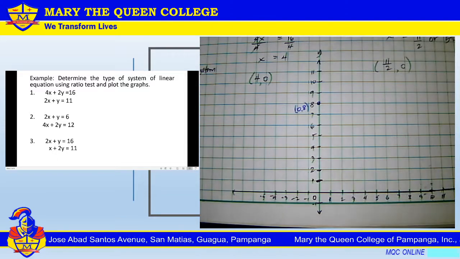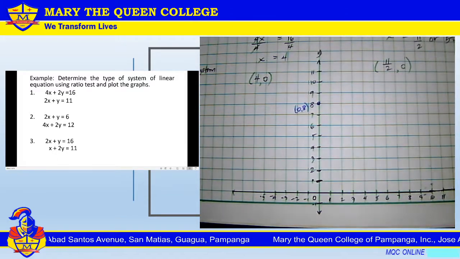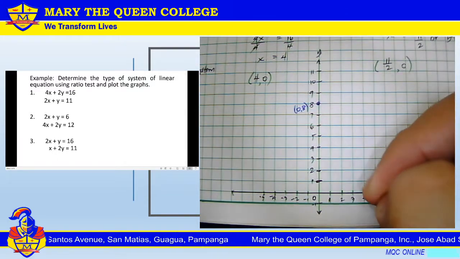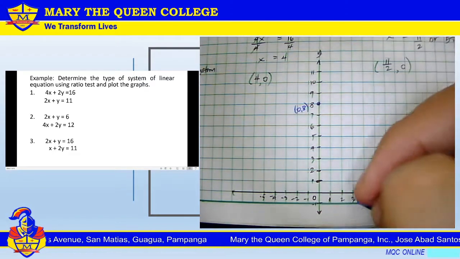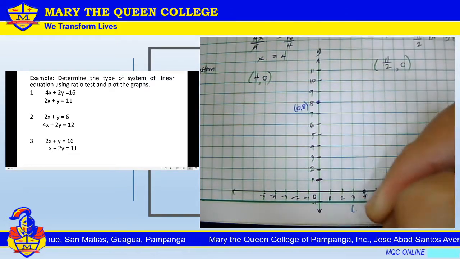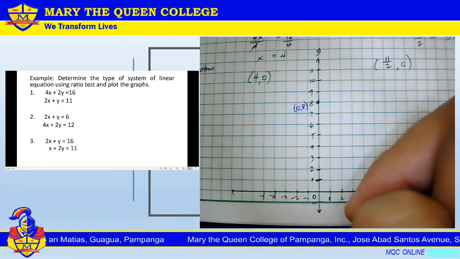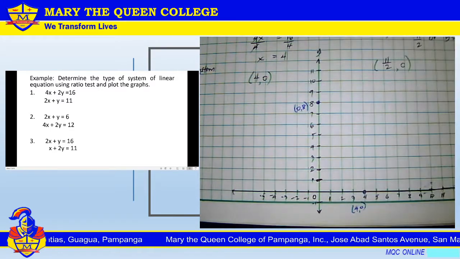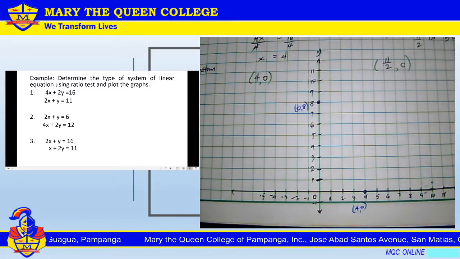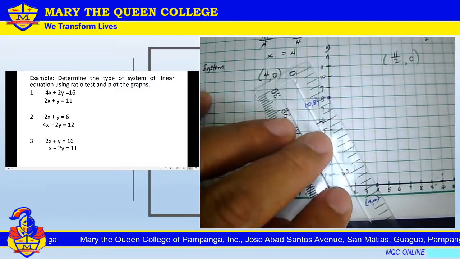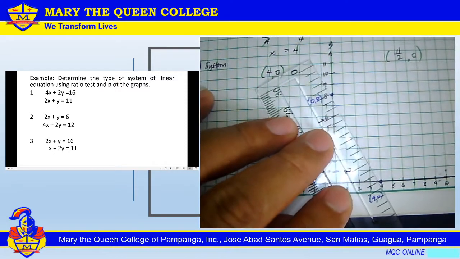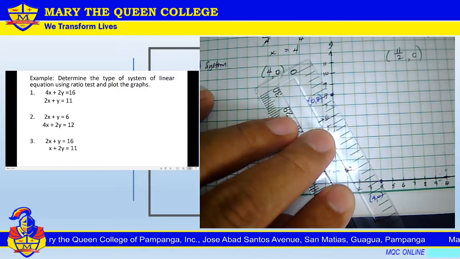So we have x is 4, then y is 0, so it is here. I'll just put the ordered pair here, 4, 0. And then using a ruler, you can now connect these points.